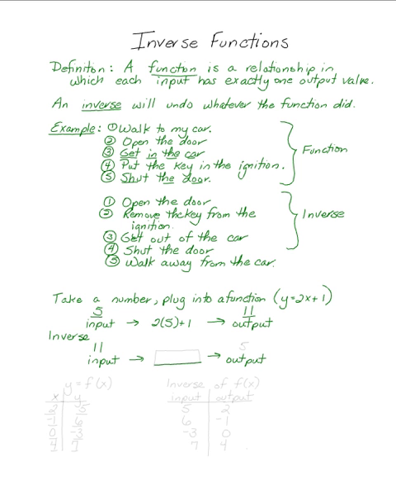And we started with this input of 5, which means that our output of our inverse should be the same as that input value of 5. So when I put an input of 5 into my function, I get an output of 11, and for the inverse, we should get an input of 11 and an output of 5. Now the steps that are in here, we're going to worry about filling in later, but for right now, this actually gives us a perfect way to find the inverse of a table of values.